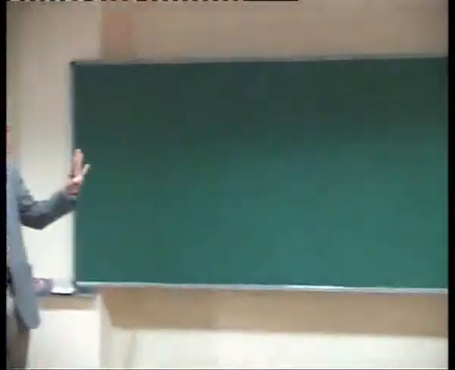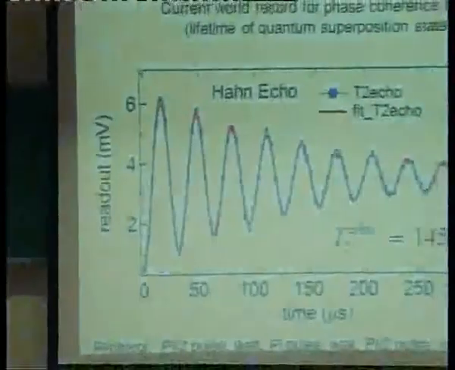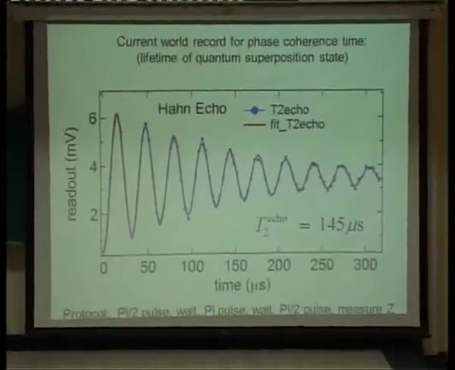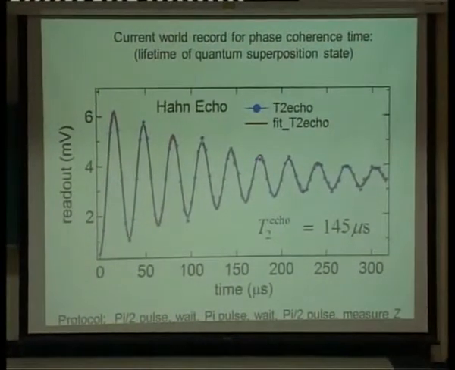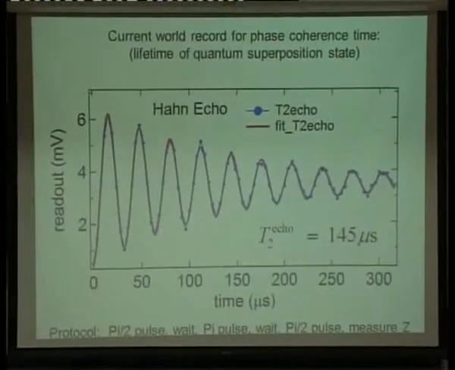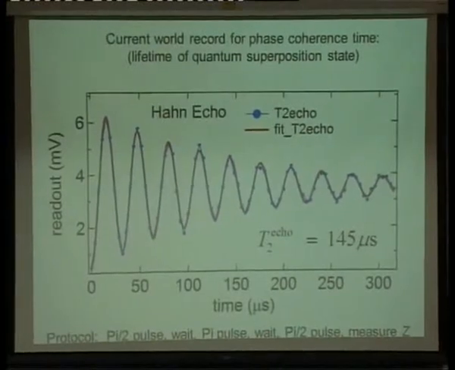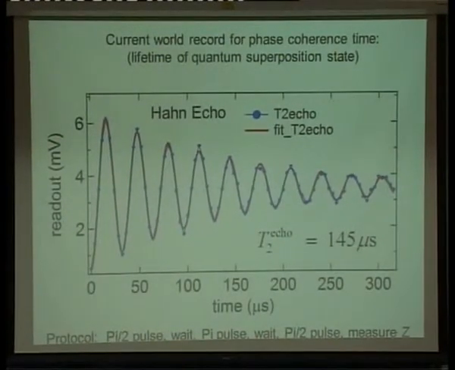So here's the other NMR measurement, the T2 measurement, the phase coherence time. You make a pi/2 pulse, which produces a coherent superposition of ground and excited state. You wait a length of time. You make another pi/2 pulse around some axis, which you continuously rotate. And that converts phase information into sigma z information, which I still haven't told you how we measure, but that's the axis we can measure.